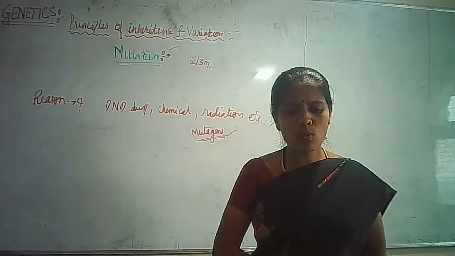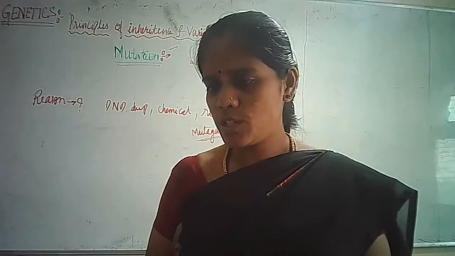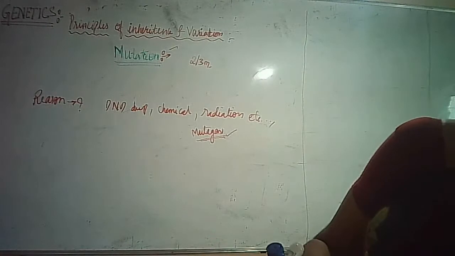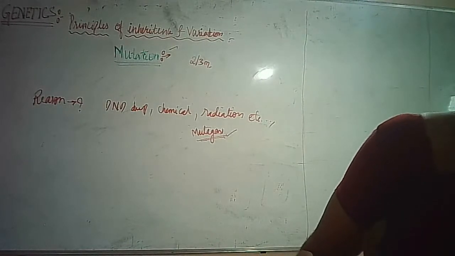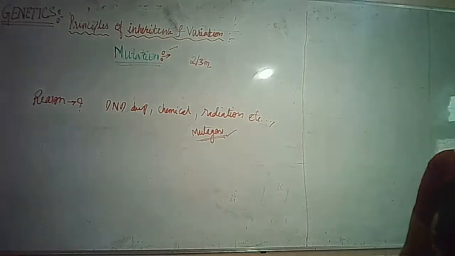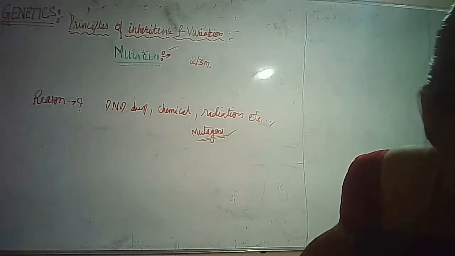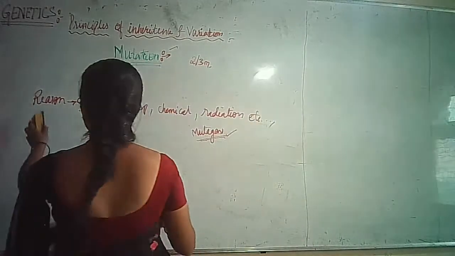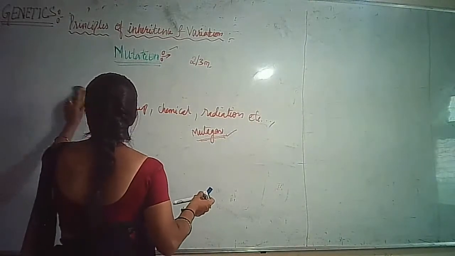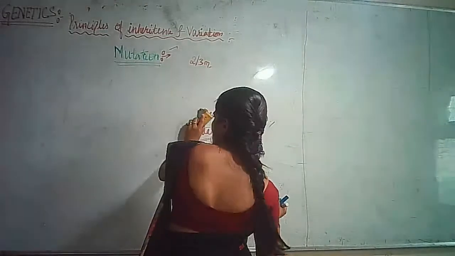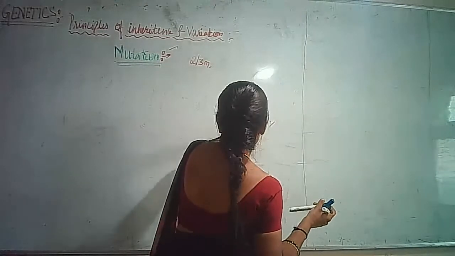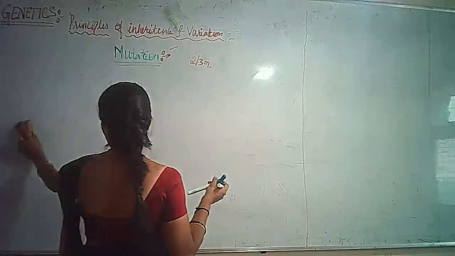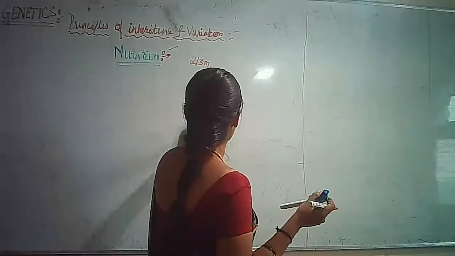Now let us talk about the different types of mutations. The different types of mutations we can see here are gene mutation and chromosomal mutation. Gene mutation is also called point mutation. We can call it point mutation.